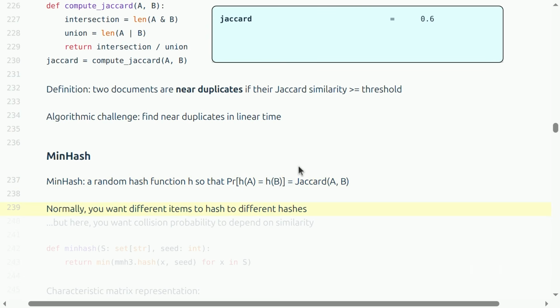What's interesting is that normally you want to define hash functions so that distinct elements hash to different things. You don't want collisions. But here you actually want collisions, not arbitrary collisions, but you want to control the collisions in a certain way to align with a similarity. So similar things you want to collide more than disparate things.